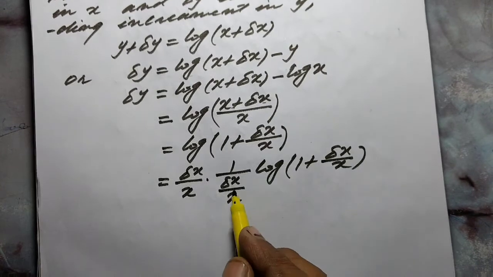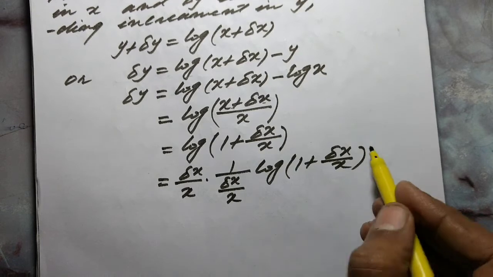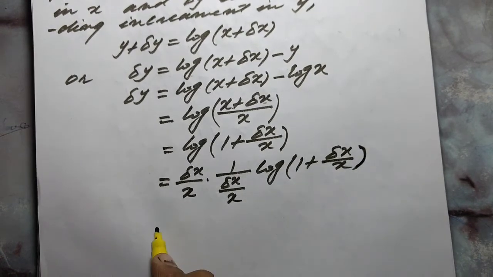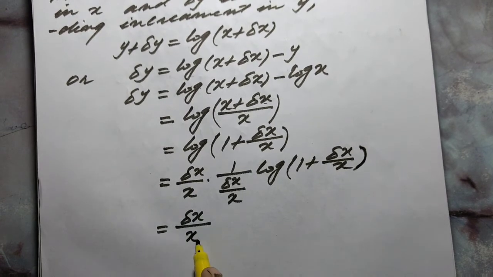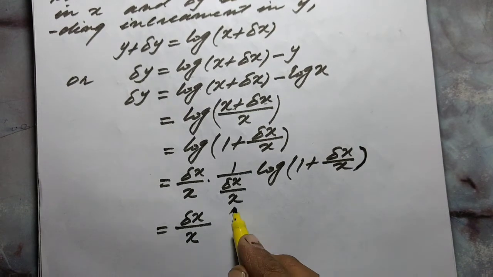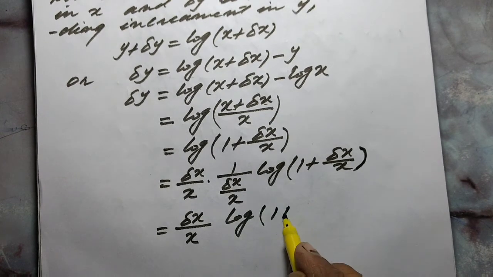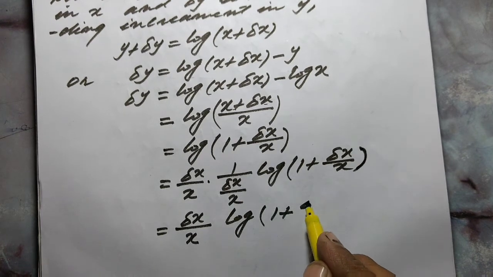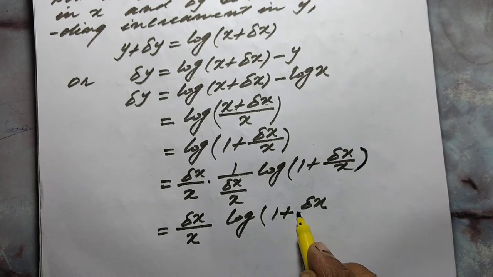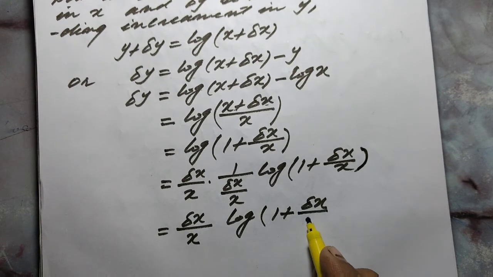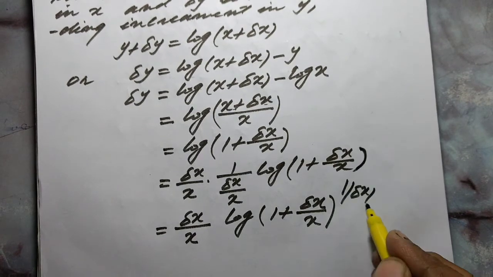By logarithmic property, the coefficient of log goes in the power of this bracket. So we have delta x upon x log 1 plus delta x upon x raised to the power 1 upon delta x upon x.